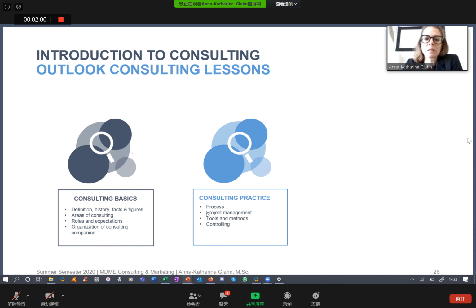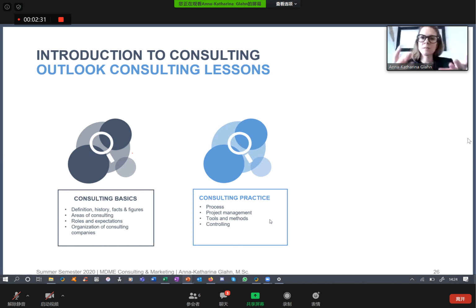We will also take a look at the project management in general, and we will do kind of a small journey into different types of project management or different project management approaches. And then we will also see, it's not written here, the process analysis. Maybe we can integrate it into the tools and methods.